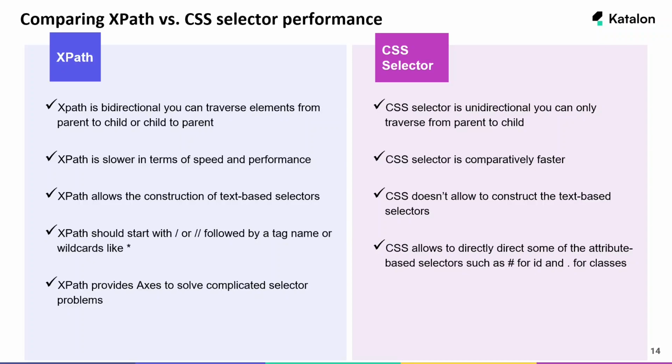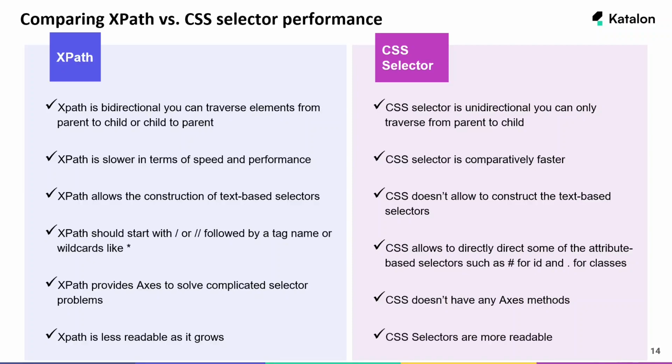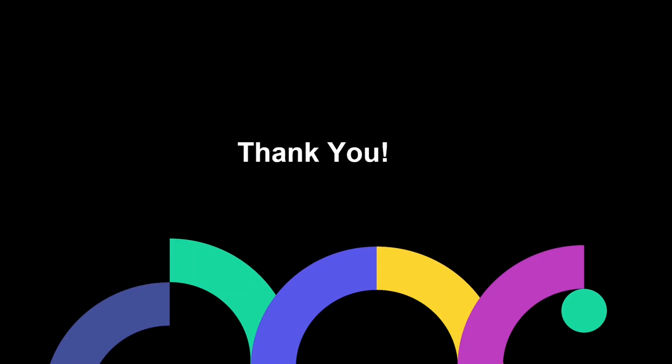XPath provides access methods to solve complicated selector problems, whereas CSS does not have any access methods. XPath is less readable as it grows, whereas CSS selectors are more readable. This brings us to the end of our chapter 4.